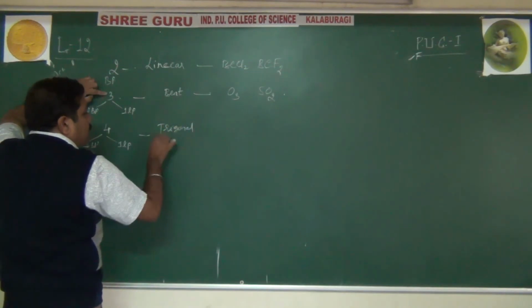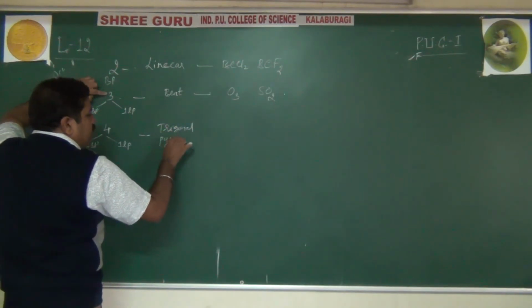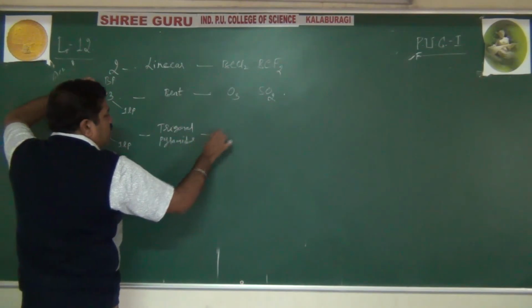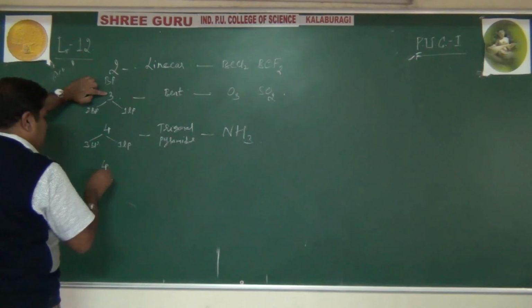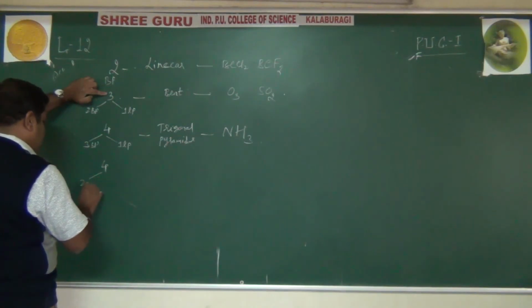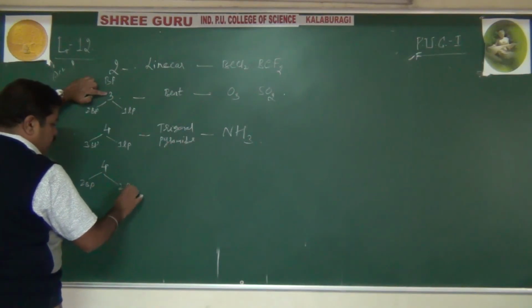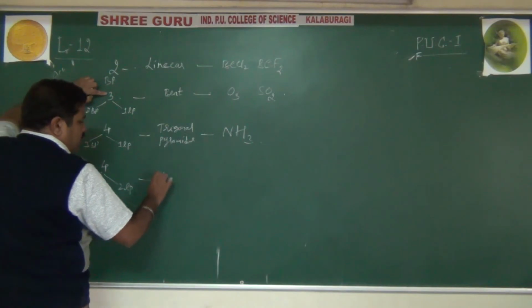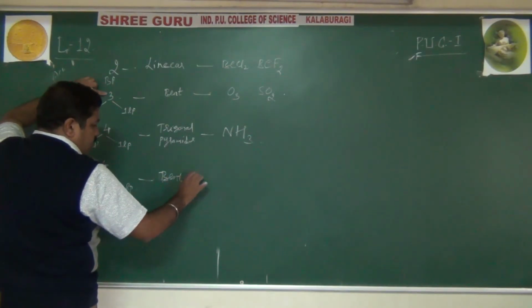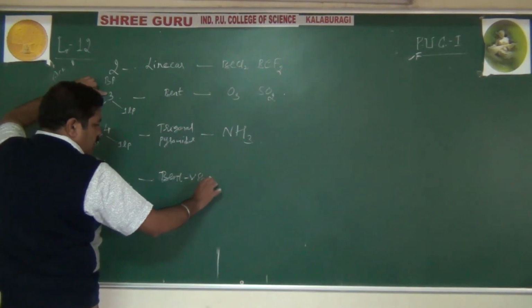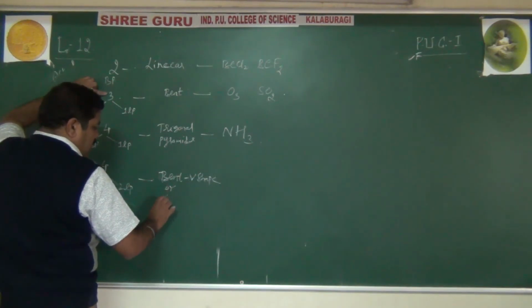Trigonal pyramidal. Okay, best example ammonia. Still 4, with 2 bond pairs, 2 lone pairs. Right? It is bent, V shape or angular.